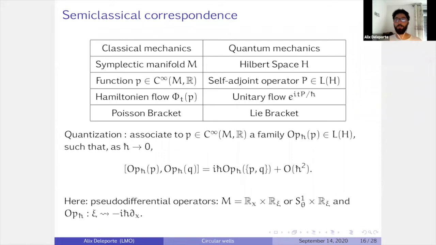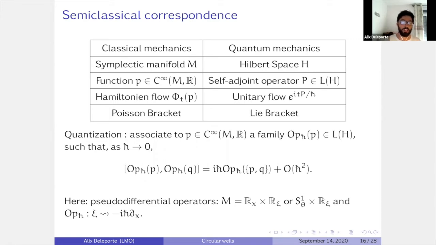So what does it mean to put quantum mechanics in the picture? It means associating in some way to the function P a family of operators which depend on a parameter h bar, such that the Lie bracket corresponds to the Poisson bracket at first order. You can never reach this without an error of order h squared, but you can at least reach this at order 1, and that's what we're going to do.